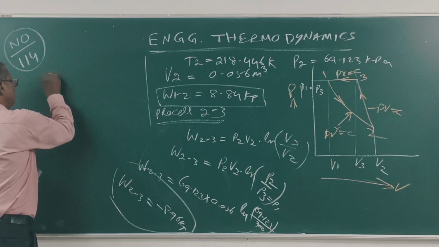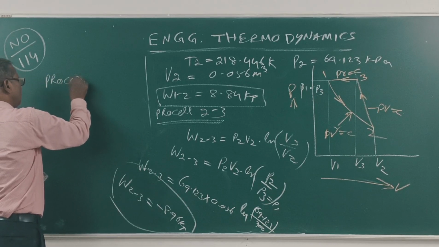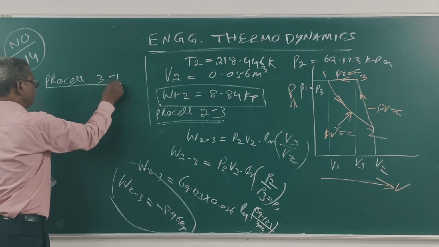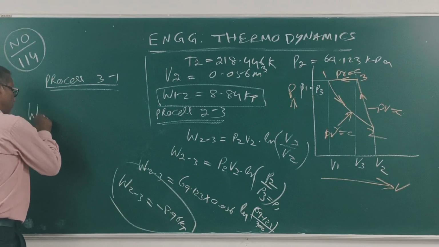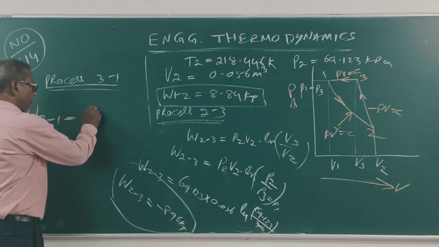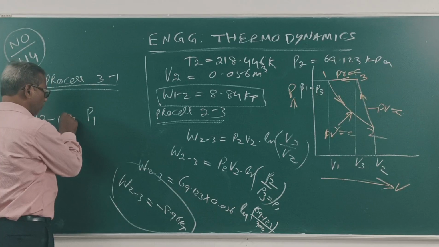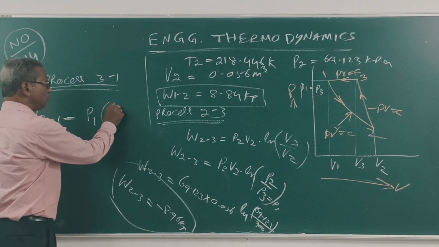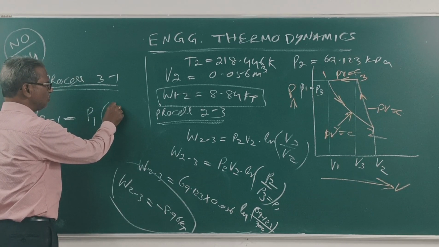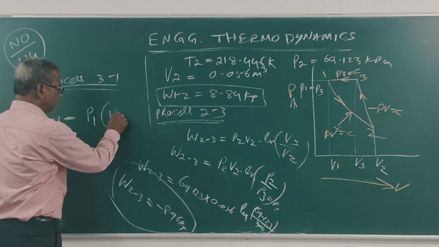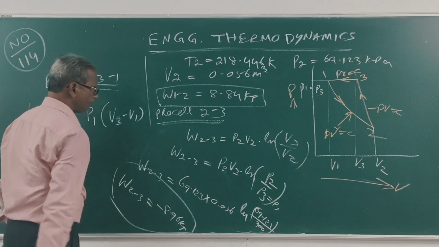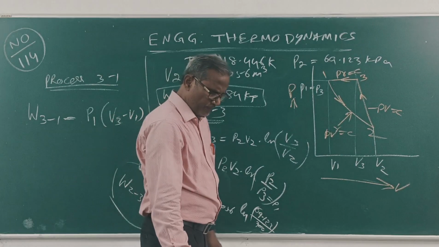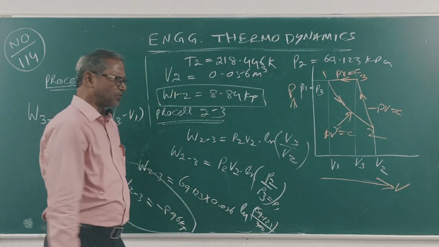Now process 3-1. So W31 is equal to P1 into, or P3 into, V3 minus V1. This is a compression process.